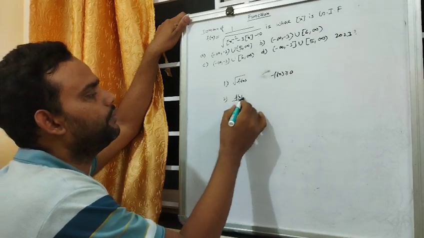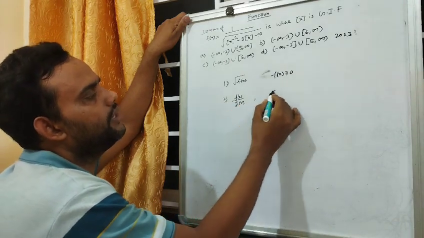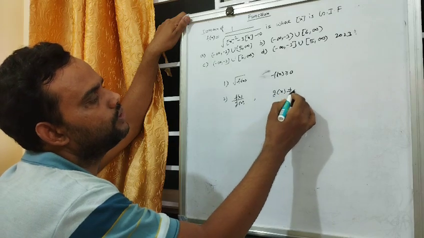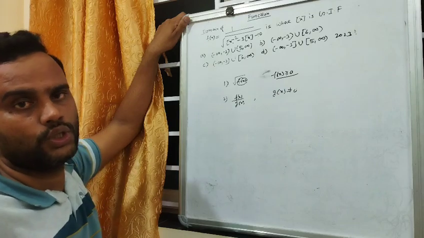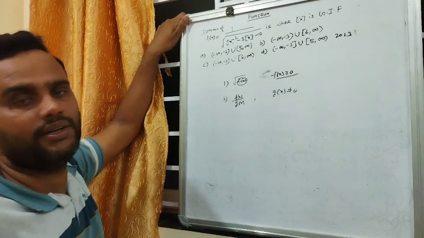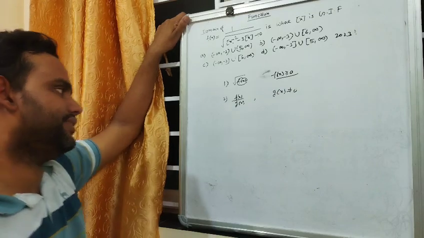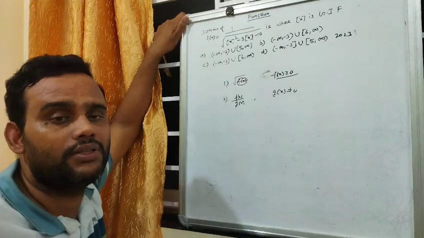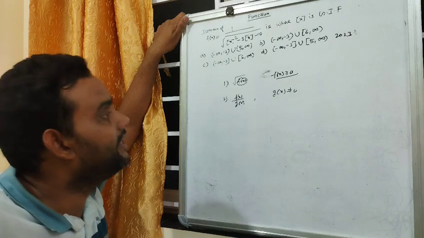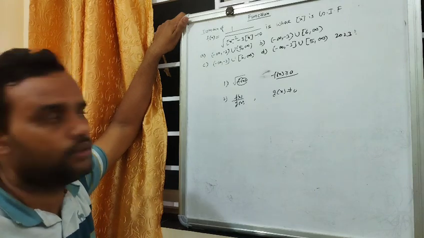The second type is f of x by g of x, then the domain is g of x not equal to 0. Means f of x is defined for either a positive number or 0. This is not defined for a negative number if x is a real valued function. Similarly, they will ask to find the domain when f of x divided by g of x is valid, when g of x is not equal to 0.